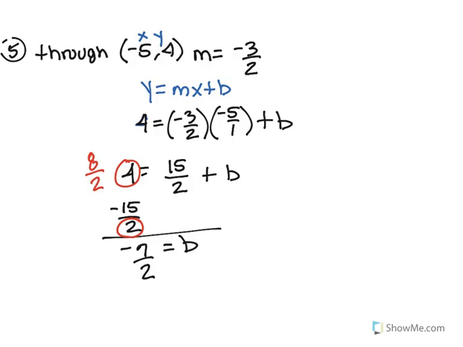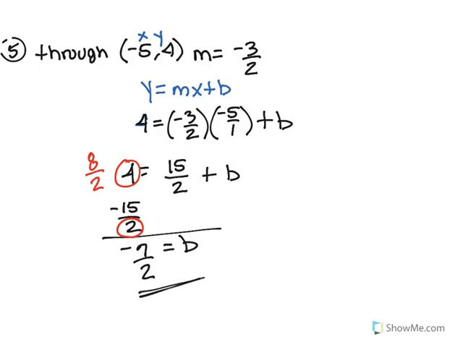Doesn't 8 over 2 reduce to 4? So in terms of 2 as the denominator, 4 would be 8 over 2. I didn't change 4. I just made them look like a fraction. Does that make sense? And then I just subtract. 8 minus 15 is a negative 7 over 2, if you don't have your calculator.